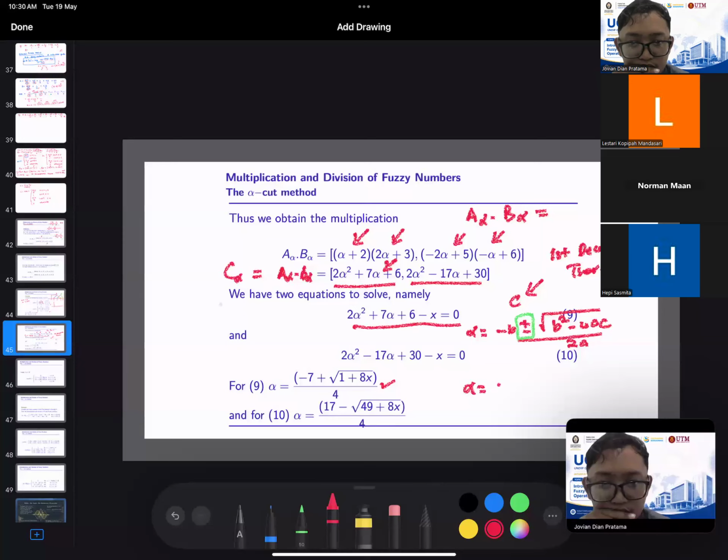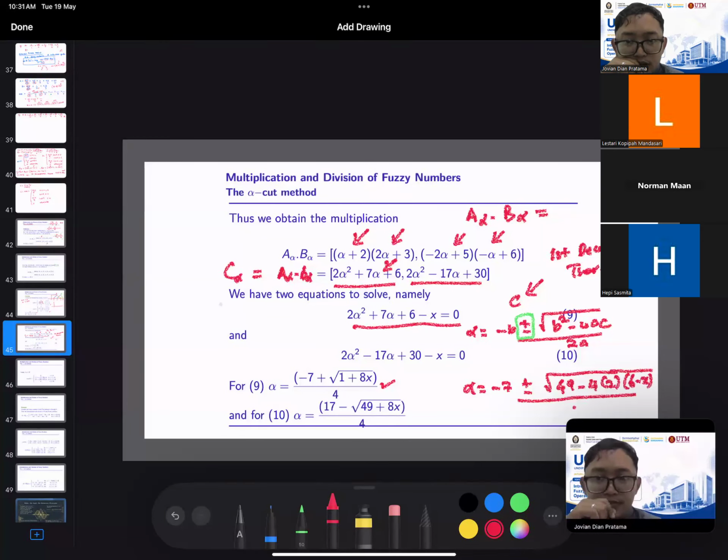Minus b is minus 7, plus or minus the square root of b squared, 49, minus 4, where a is equal to 2, and your c is supposed to be 6 minus x, all over 2a, which is 2 times 2, 4.